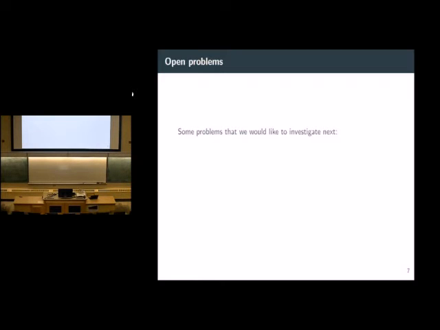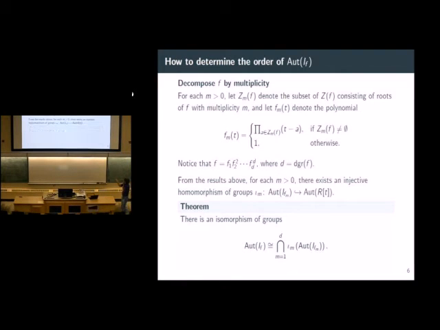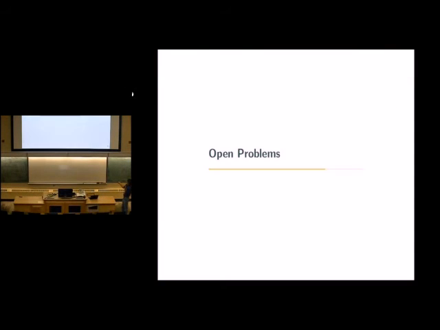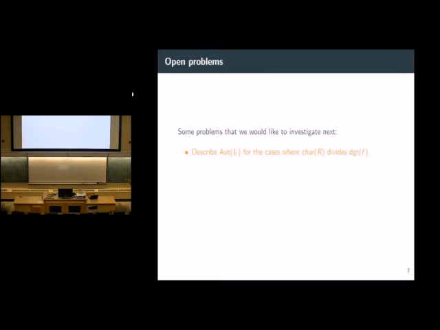This case is not taken care of in this theorem here, because if the degree of f is divisible by the characteristic, then it's 0, and then it doesn't work. And actually, we have an explicit example where that theorem doesn't apply.